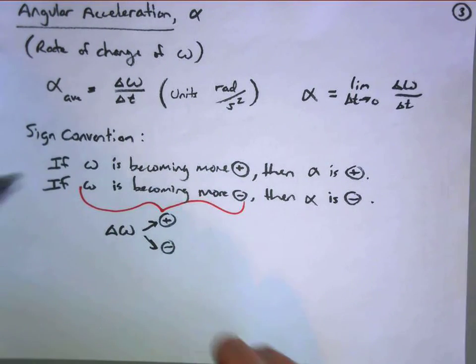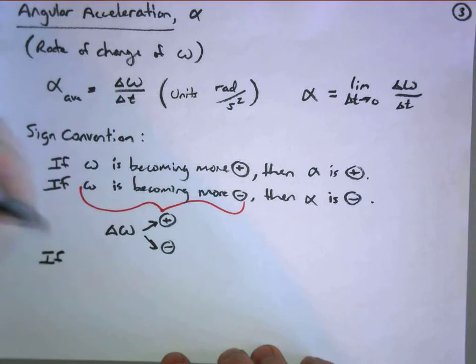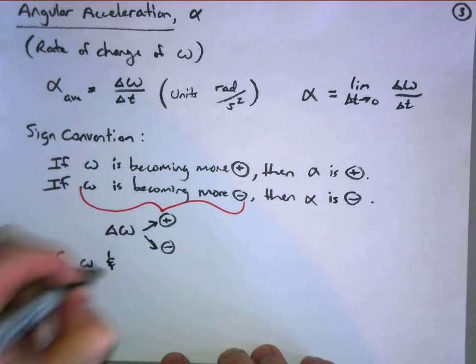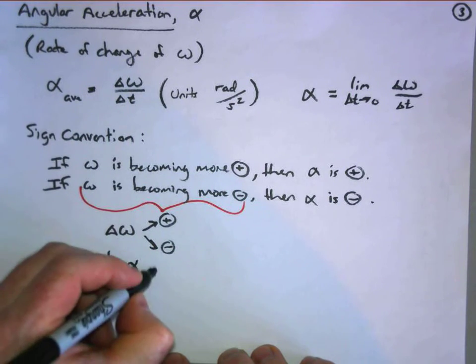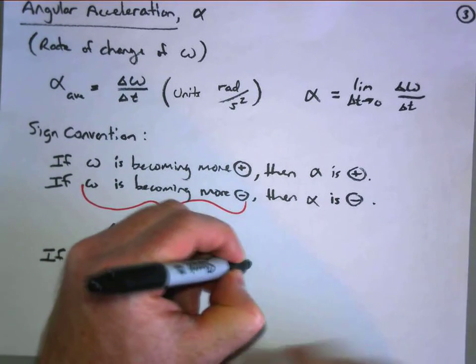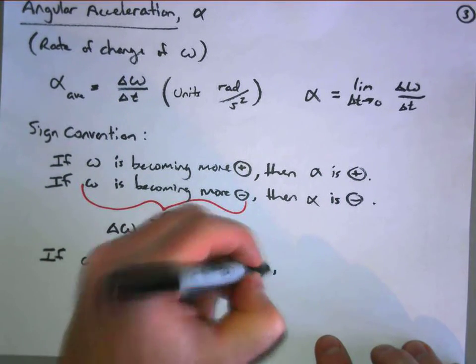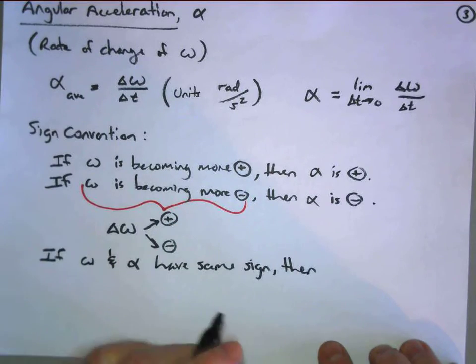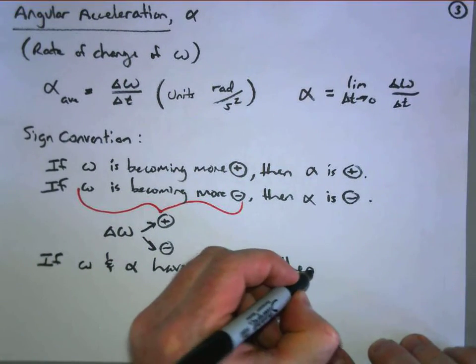So here's something else to think about. If the angular velocity and the angular acceleration have the same sign, then what's going to happen to the speed of rotation?